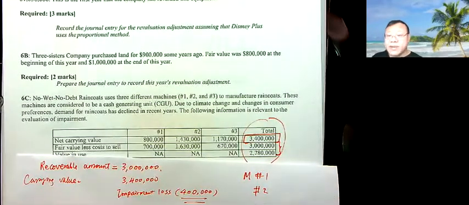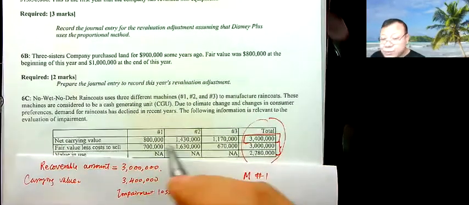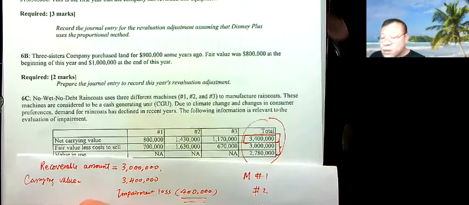If there's still anything left, you are going to go with only the items that have impairment, and based on their proportion of the carrying value, right? So if you take a look at machines 1, 2, 3, you want to first evaluate which machine is impaired, right?